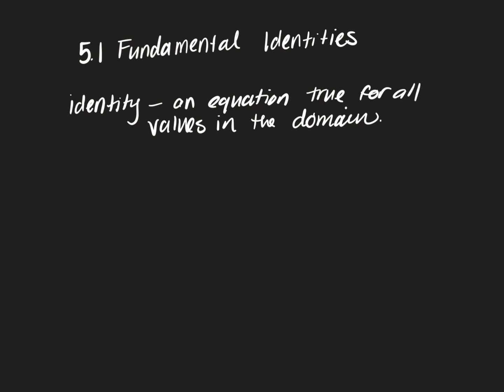Okay, so a lot of these we've already talked about. If you look at your sheet of identities, we've talked a lot about the reciprocal ones: sine and cosecant are reciprocals, tangent and cotangent, secant and cosine. So sine is 1 over cosecant, cosecant is 1 over sine, tangent is 1 over cotangent, cotangent is 1 over tangent, cosine is 1 over secant, and secant is 1 over cosine.